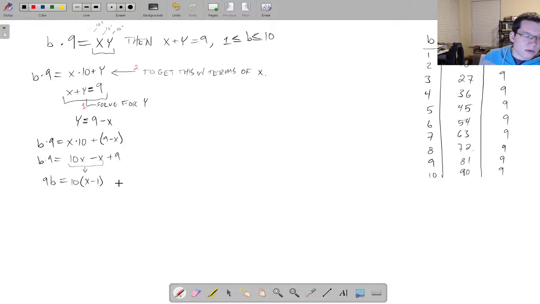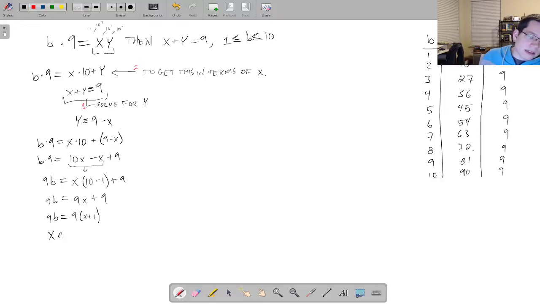Nope, got it backwards. x times 10 minus 1 plus 9. So 9b equals 9x, because 10 minus 1 is 9, plus 9. 9b equals 9 times x plus 1.